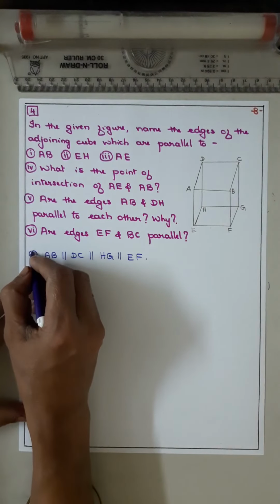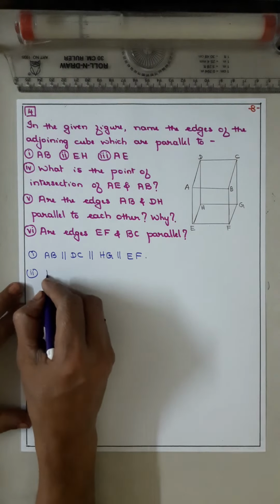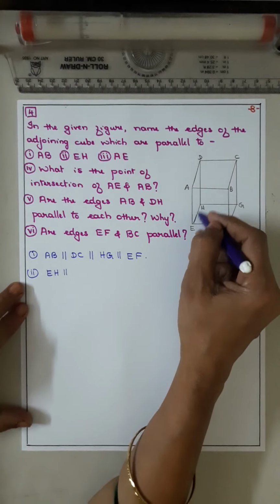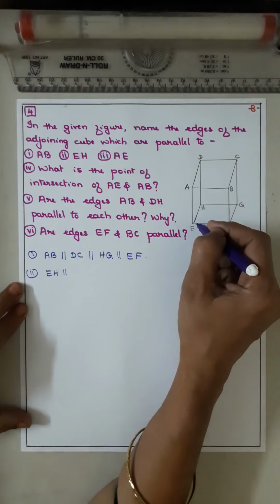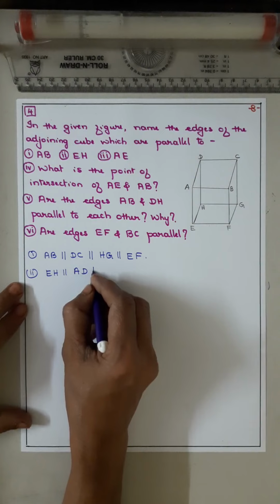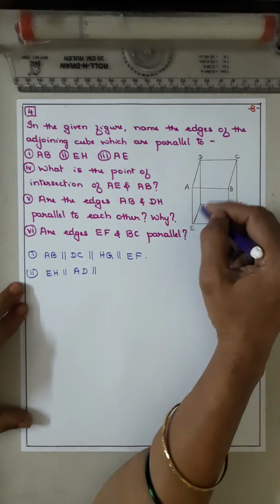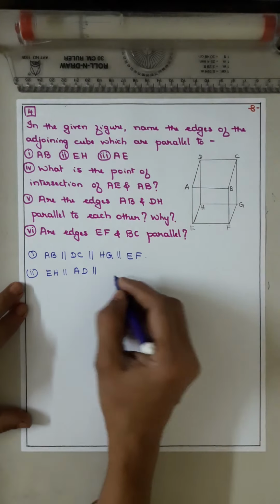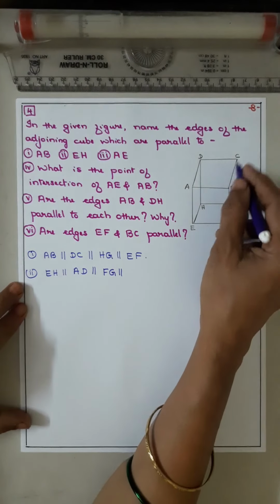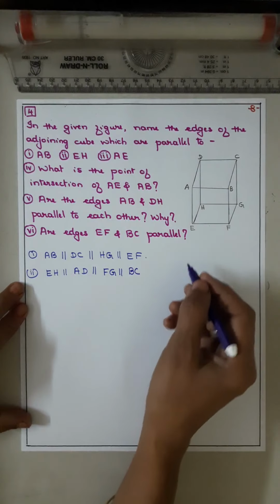Now coming to the second, it is EH. Which is EH? This one. EH is parallel to AD, parallel to this side, EH is parallel to FG, and FG is parallel to BC, isn't it?